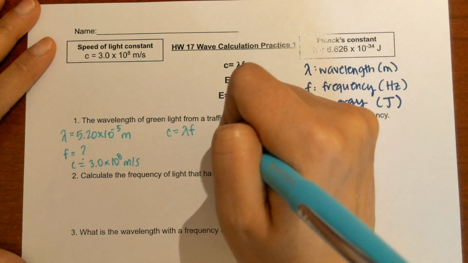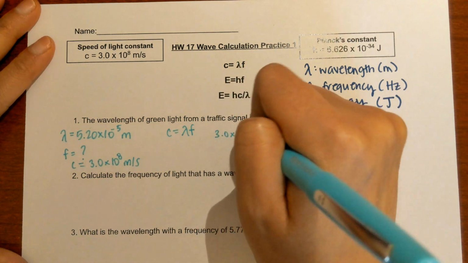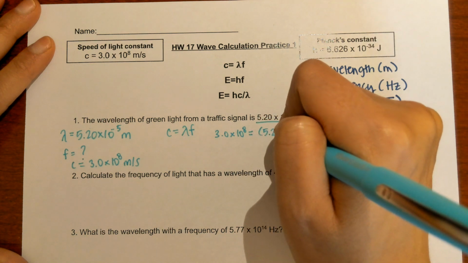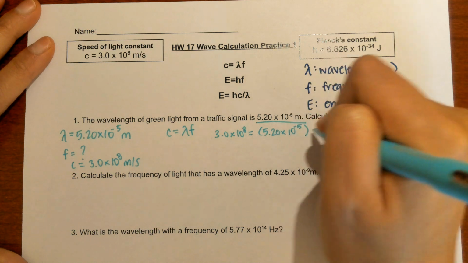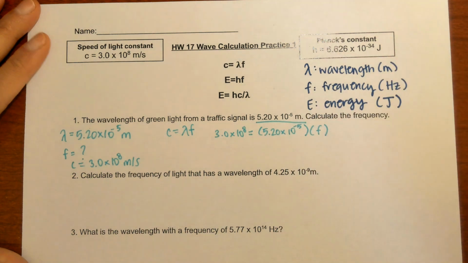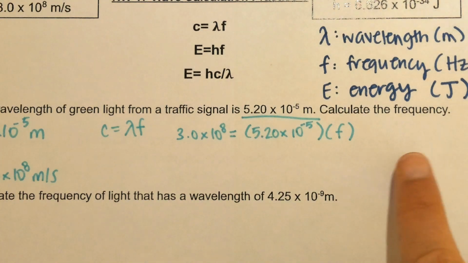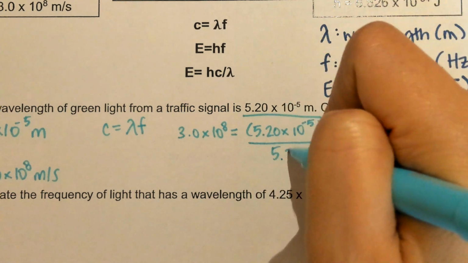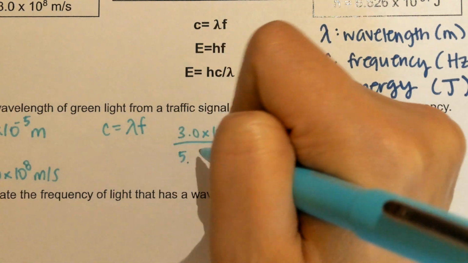And now we're going to substitute everything in. Like so. And from there it's just basic algebra. How do we get f by itself? We divide by 5.2 times 10 to the power -5 on both sides.